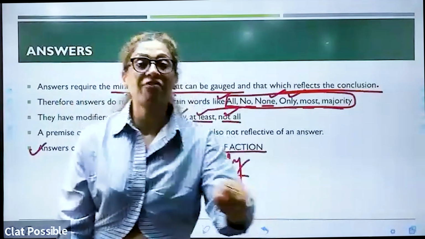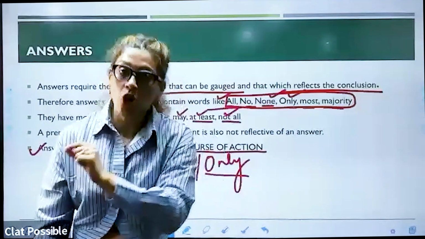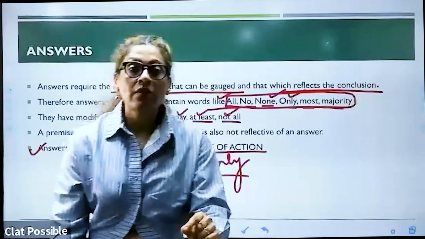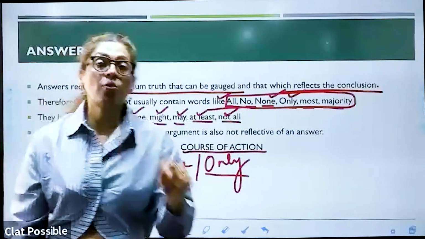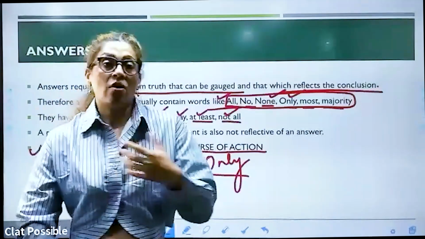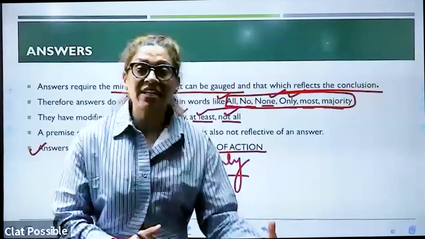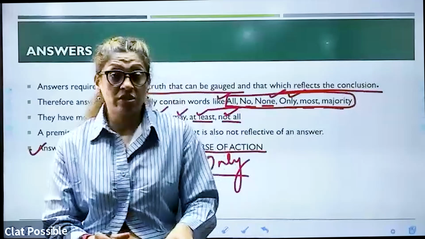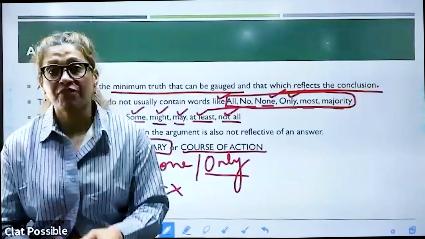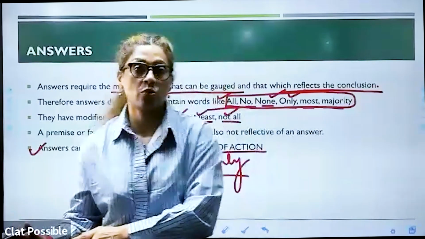Using extreme quantifiers or modifiers, just repeating a line from the argument which may not necessarily be the conclusion presented by the author, and after every argument where usually the author states a problem or highlights a condition, the options that take you towards courses of action or commentaries or advice, which seem pretty logical reading the problem that has been given, but you can't give solutions or courses of action if the author has not done anything towards that.